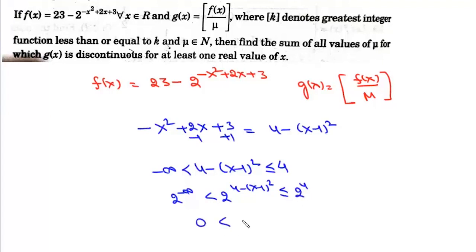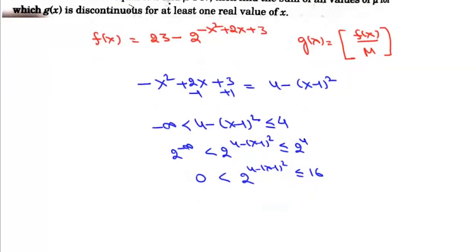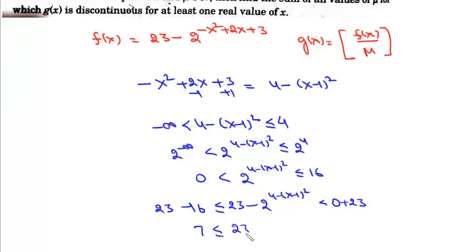Now this is 0. 2 to the power 4 minus (x minus 1) whole square is less than 16. Now if we take a minus sign, then the sign will change. So we can write this as minus 16 is less than minus 2 to the power 4 minus (x minus 1) whole square, and this will be less than 0, and then we'll add 23. Now 23 minus 16 is 7. So the range of this function is from 7 to 23.